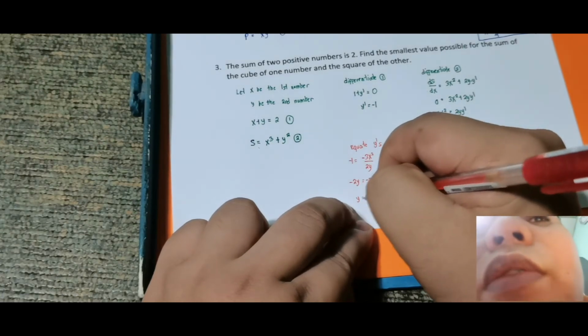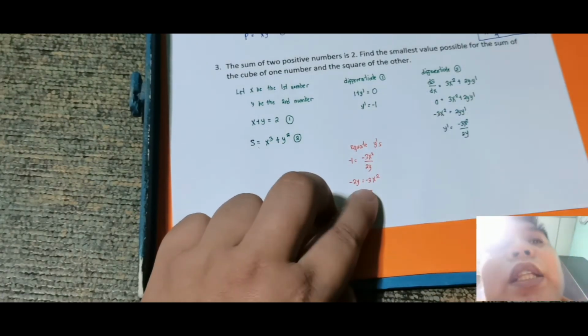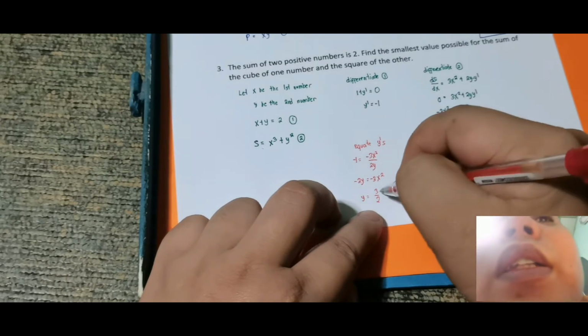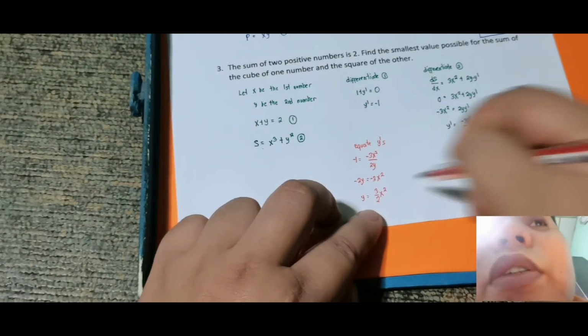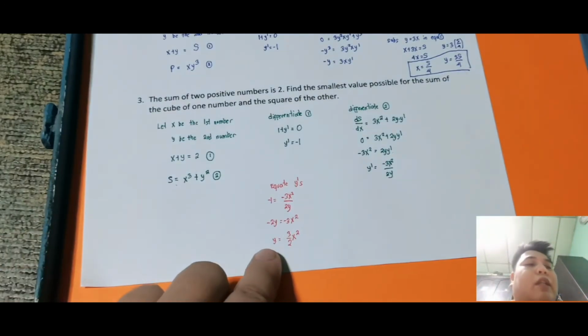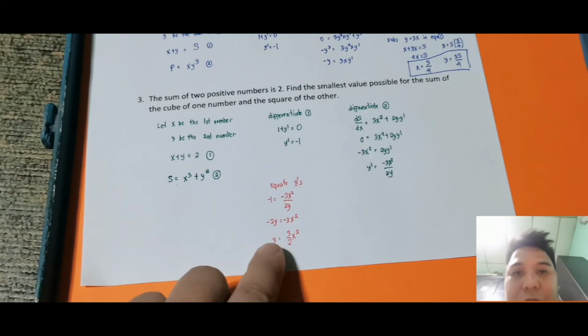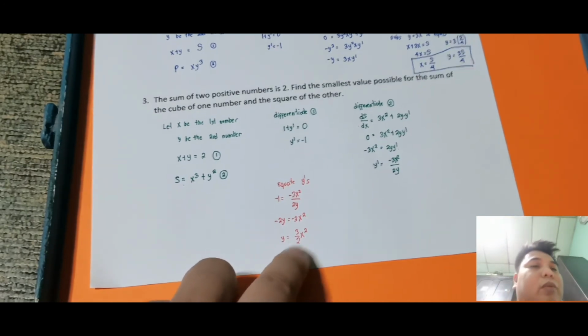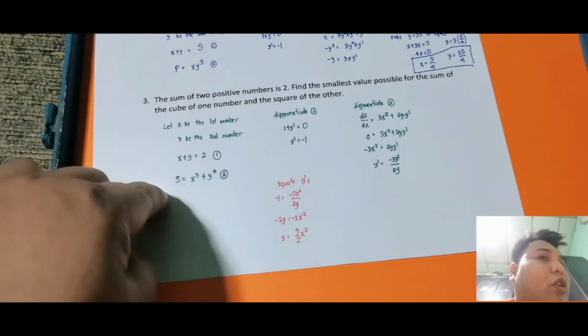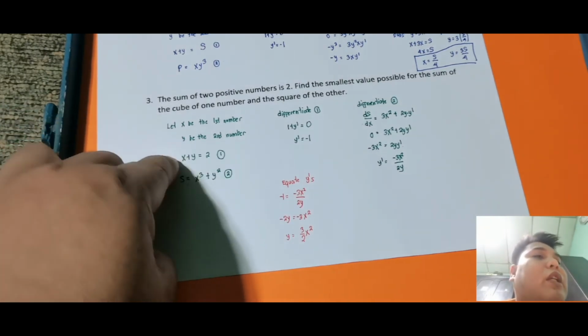So, y is equal to 3 over 2 x squared, kasi negative 3 over negative 2 is positive. Ito yung gagamitin natin na relation. Next, isa-substitute ko yung y is equal to 3 over 2 x squared dun sa equation 1, hindi sa equation 2. Again, ito yung objective function, ito yung ating relation na form.